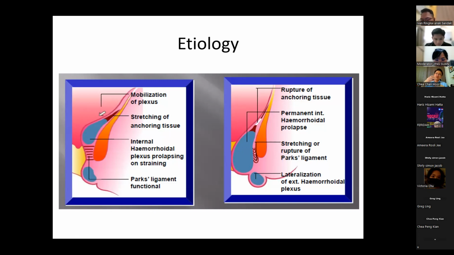It goes on as a vicious cycle. It disturbs the defecation process, and patients tend to strain to increase the pressure to evacuate the feces, which leads to more breakdown in the connective tissue and enlarging of the hemorrhoidal cushions.